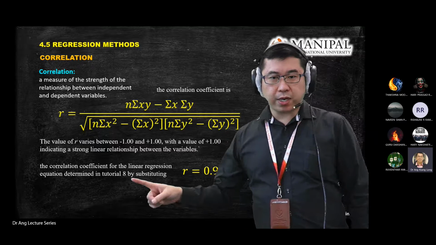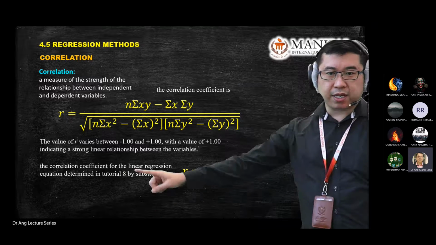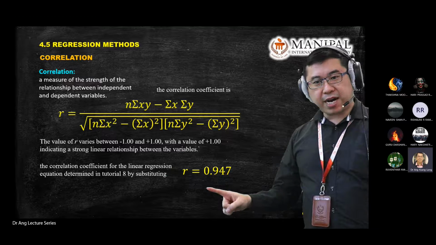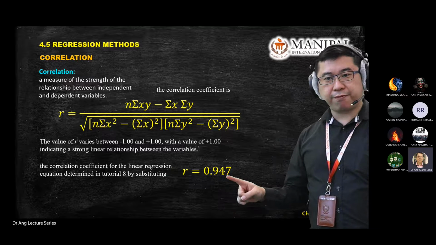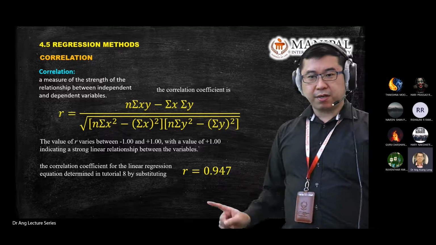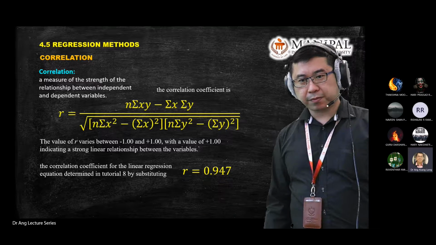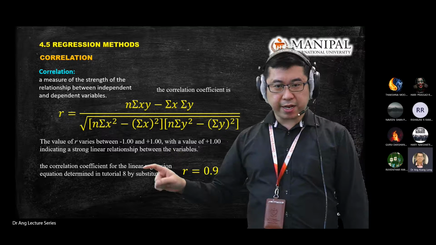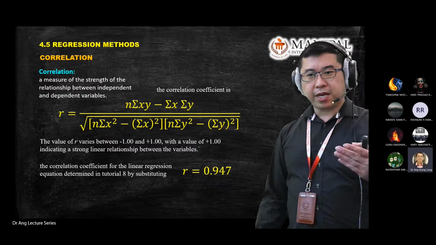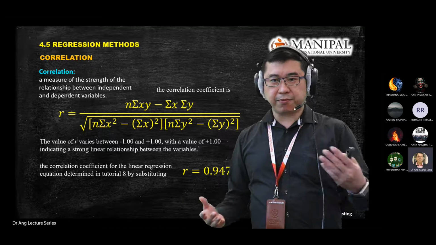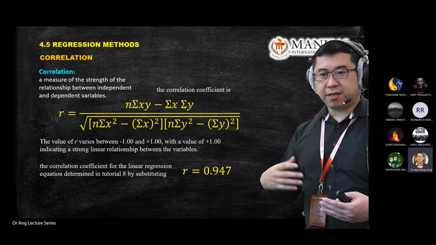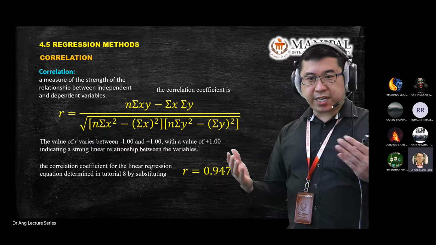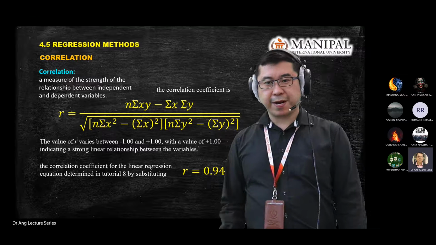So if you do tutorial number 8 and use this equation to calculate it, the R value will be 0.947. This is a positive value. What does it mean? It means the variables in tutorial number 8, the number of demand and the years and so on, are related with each other, right?